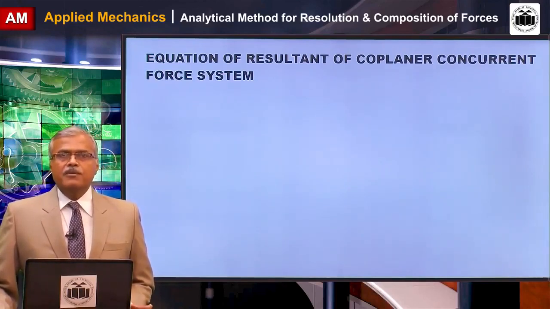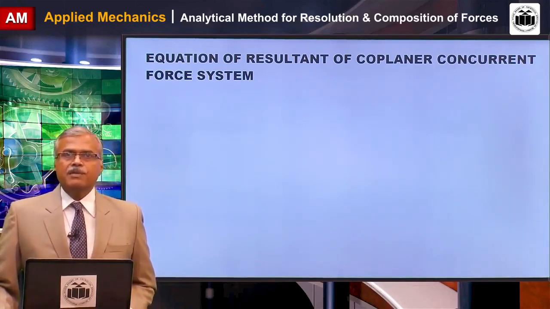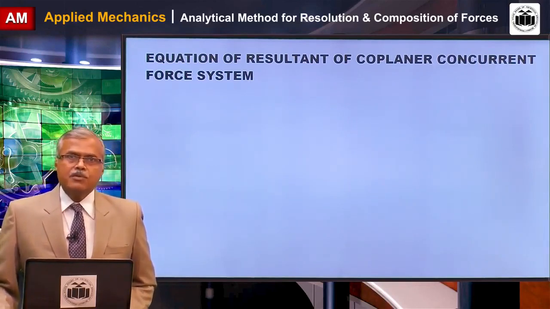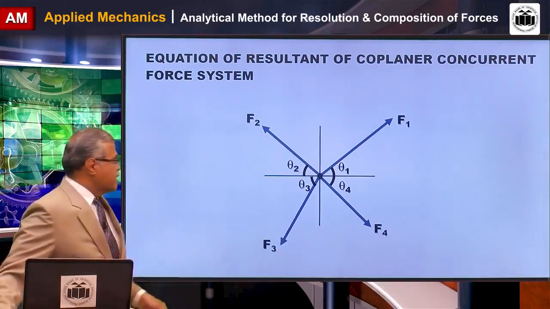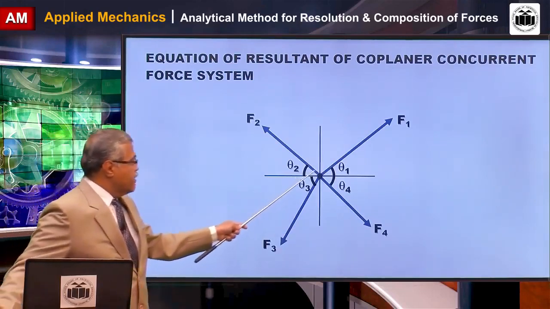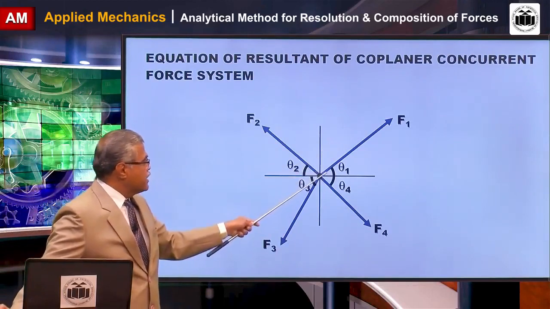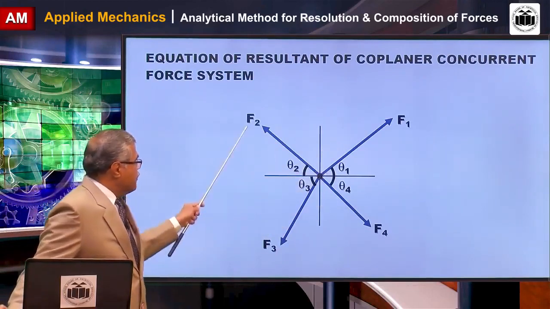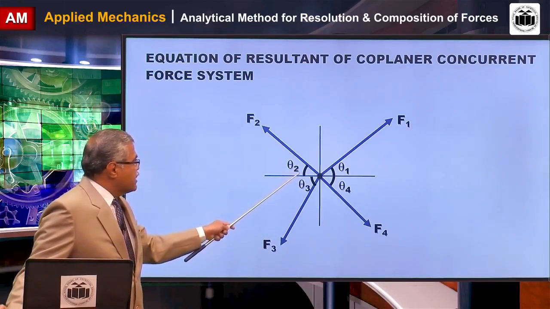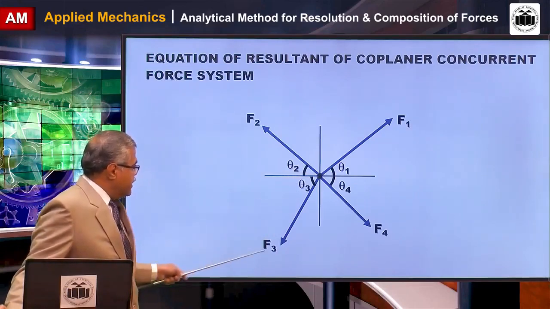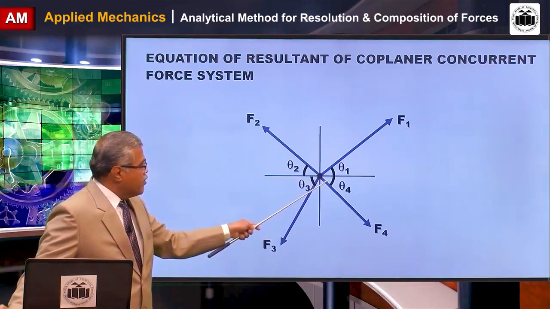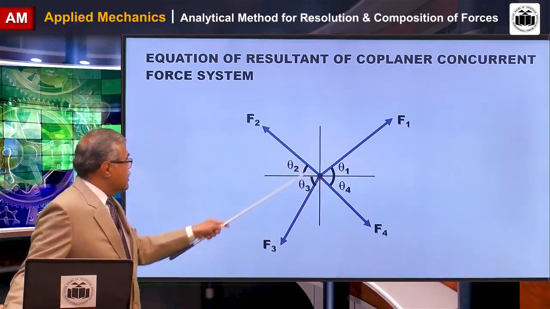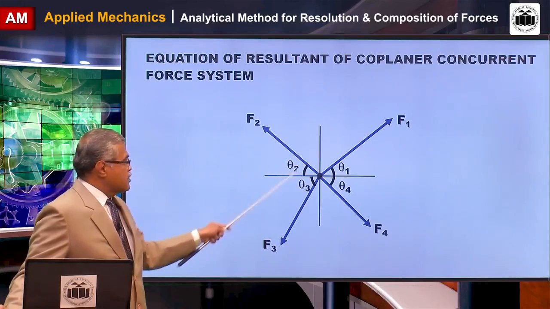Now we are going to have one more equation to find the resultant of a coplanar concurrent force system. So here we have a concurrent force system, having force F1 making an angle of theta 1 with horizontal, F2 making an angle of theta 2 with the horizontal, F3 making an angle of theta 3 with horizontal, and F4 making an angle of theta 4 with the horizontal. So this is a coplanar concurrent force system.